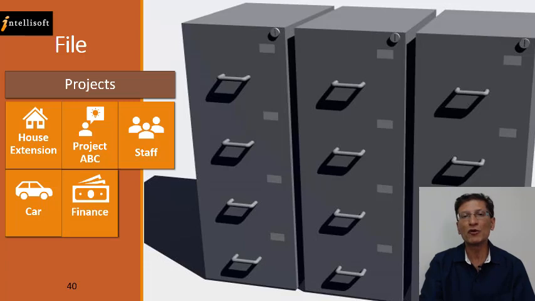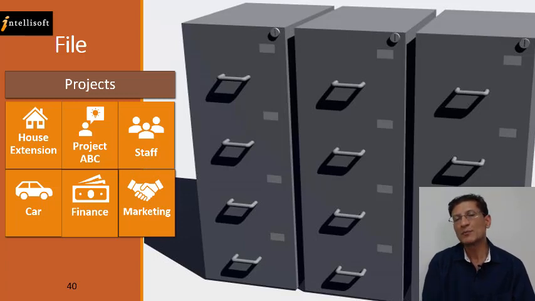We can have one folder that will contain everything regarding finances, and we can create a separate folder for marketing. These are just examples. You decide how many folders you need for your use, and your folders will vary in number and in the names.